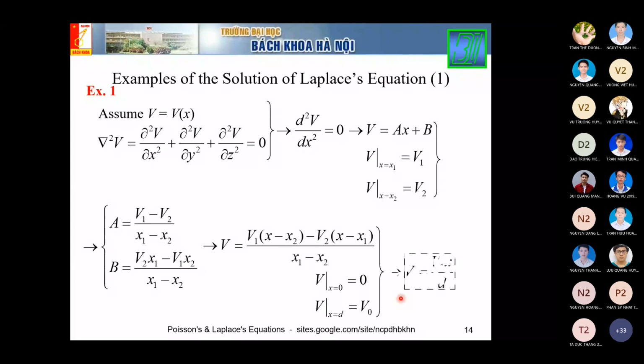In that case, we have a simpler form of the solution of this equation. Are you okay? Any question? So you can see that in this very simple case, a solution for a Laplace equation is not very hard to find.